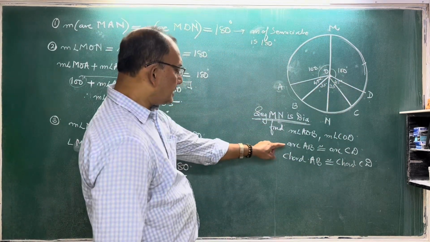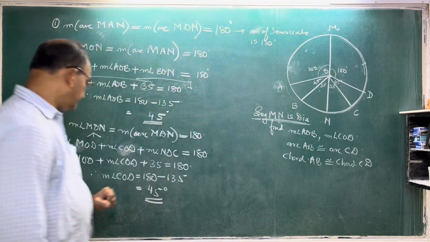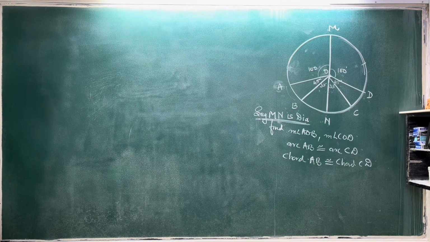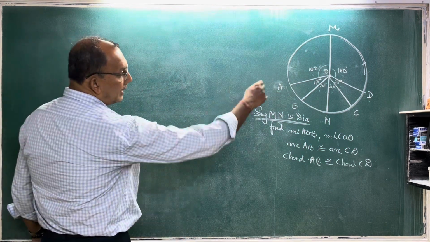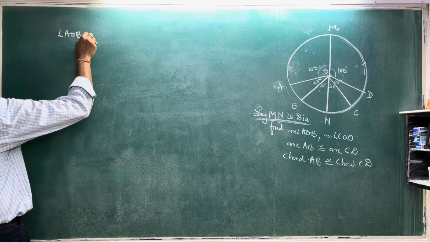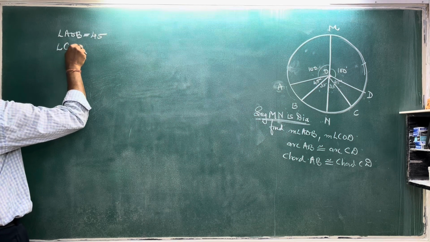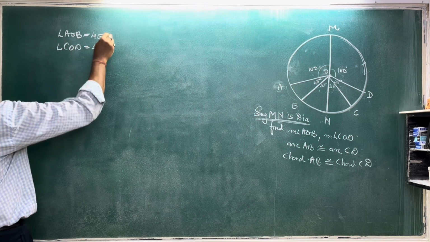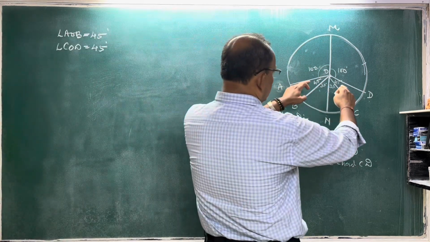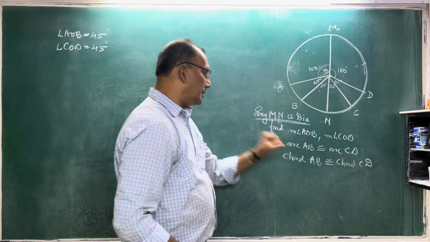Next part, he's asking me to prove arc AB is congruent to arc CD. Okay, so now we know angle AOB is equal to 45 degrees and angle COD is equal to 45 degrees. We have found out. Now, if the central angles are equal, then the measures of the arcs will be equal.